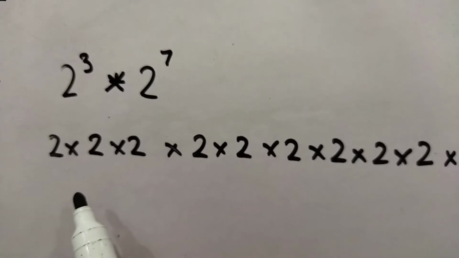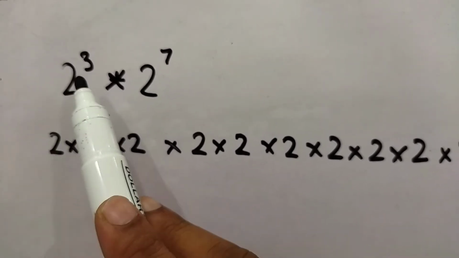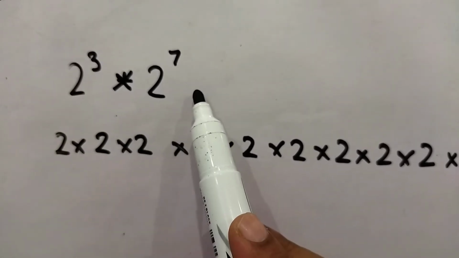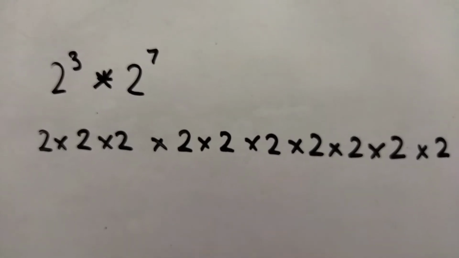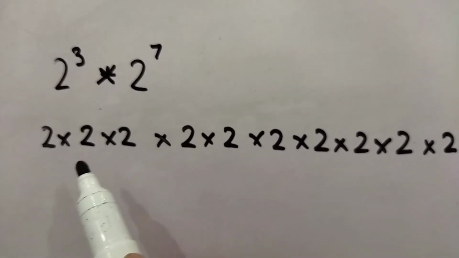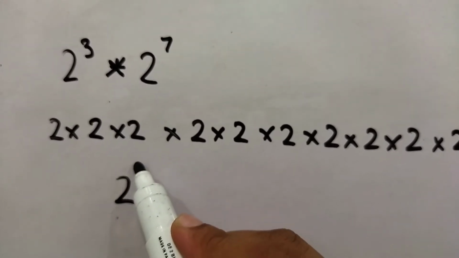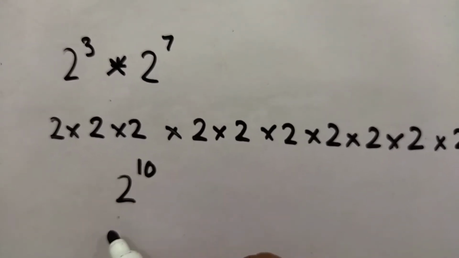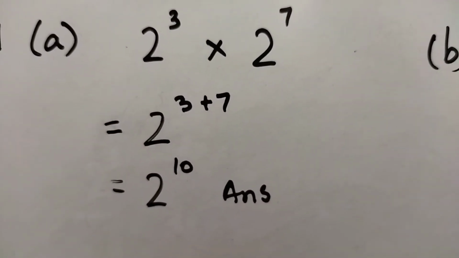So in total, how many 2's do we have? We have 10 2's. 3 of this one and 7 of the other. They are getting multiplied to each other. So we can write it as 2 raised to power 10. Simple. Which is the answer that we got from this formula number 1.